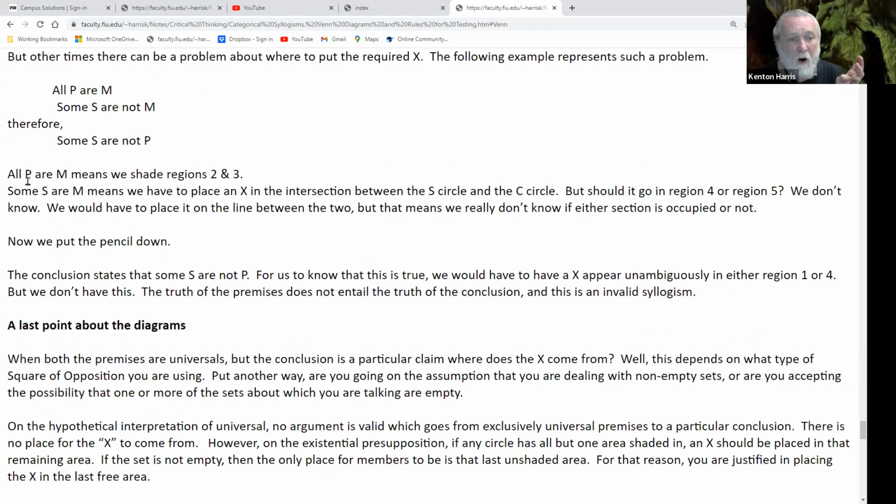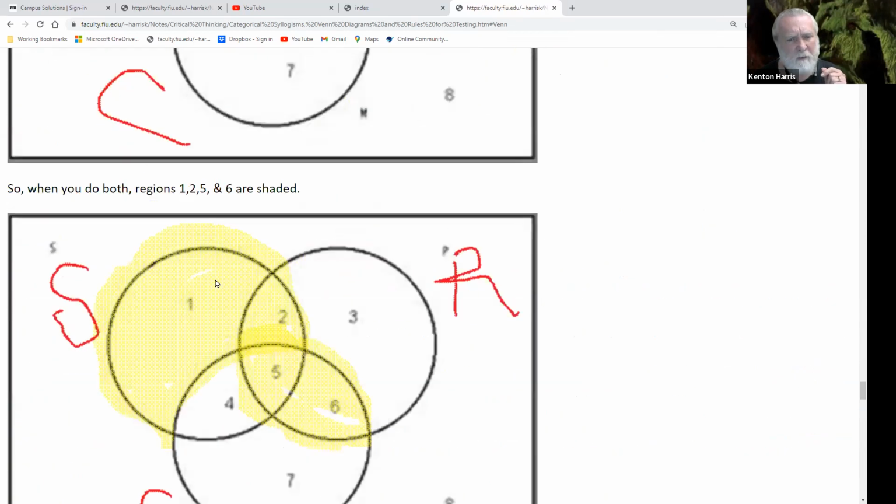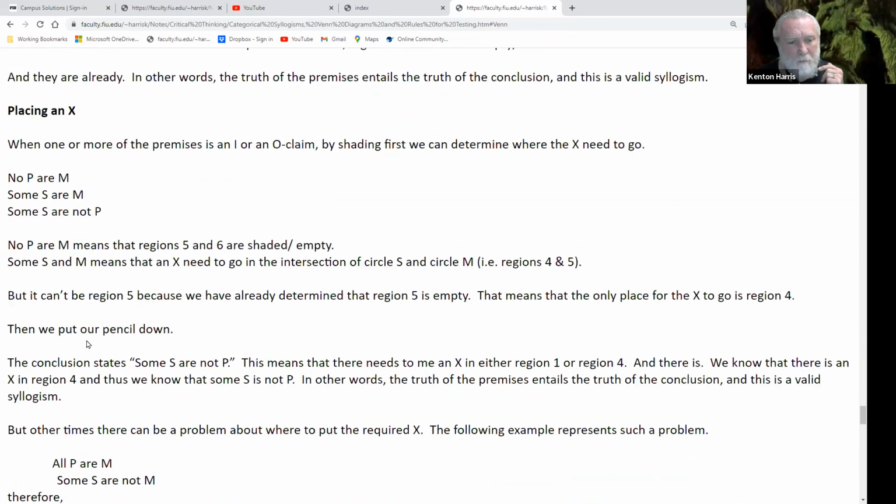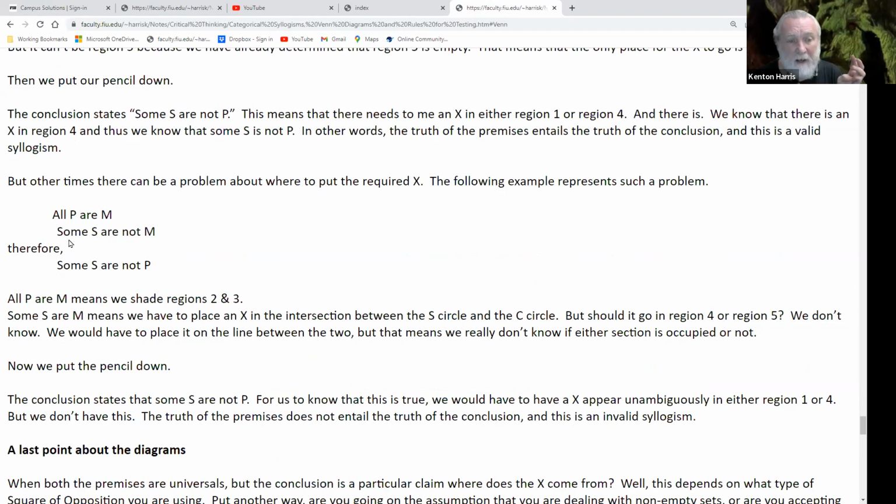But notice all P are M means that we have to shade regions 2 and 3. Fine. Is that true though? Let me double check. Yes, all P are M. But some S are not M, well, now we have to place an X. In order to do that, we'd have to put the X somewhere in the intersection between circle S and circle M, sorry about that.